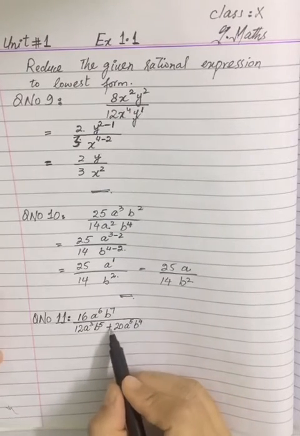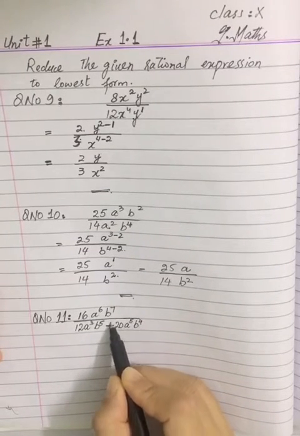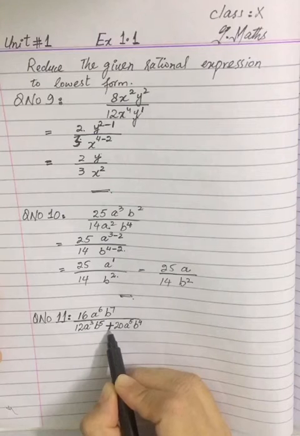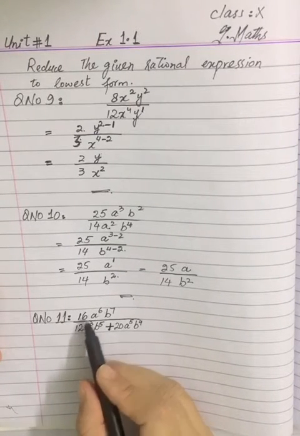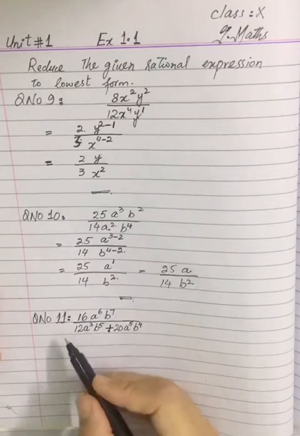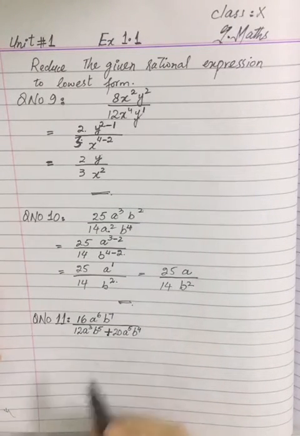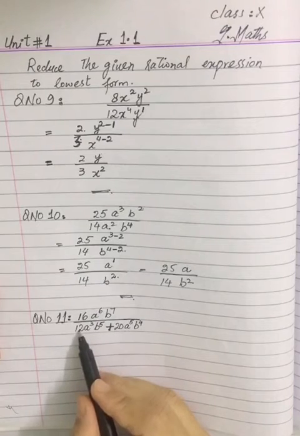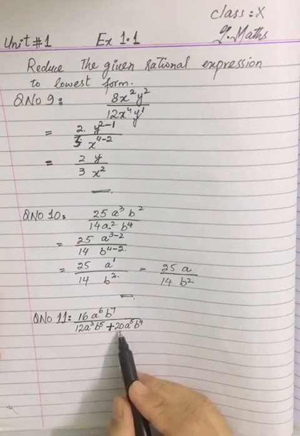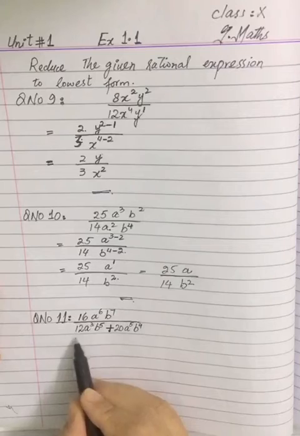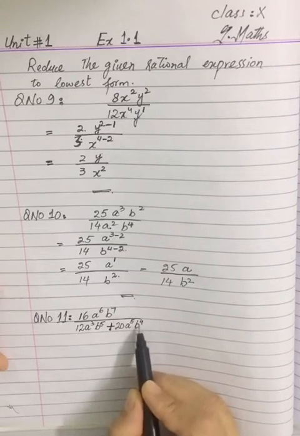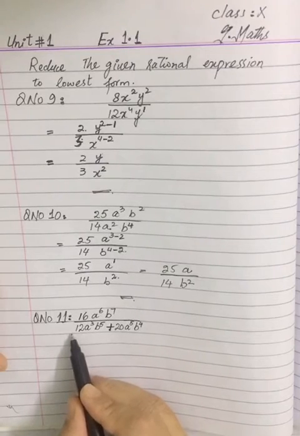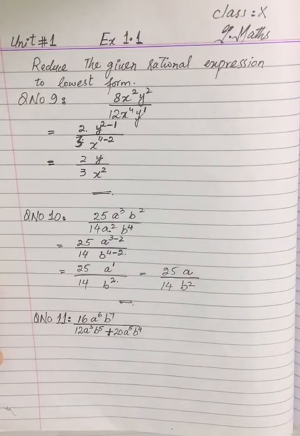Remember that when there are two terms, more than one term, we cannot reduce any one term with the numerator. So here I cannot reduce 16 and 12 or 16 and 20 separately, because this whole is one expression. The denominator is one expression, so I cannot take any one term to reduce it with the numerator.